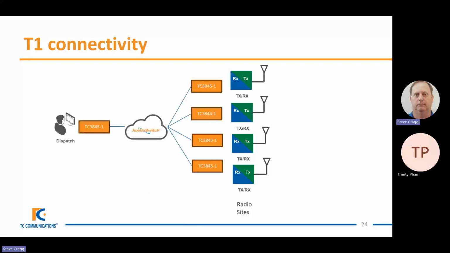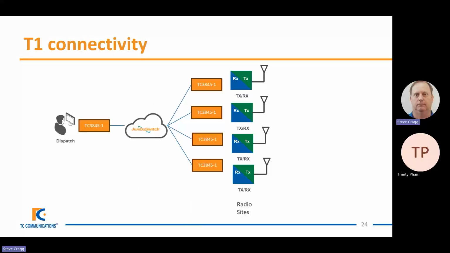Take the T1 links away, again utilizing the 3845-1 T1 over IP solution, and just drop that into the jumbo switch as well. As I said, this is a really interesting one in the fact that a fair number of phase 1 P25 solutions were available with T1 connectivity, and so this may be a good move from phase 1 to phase 2.